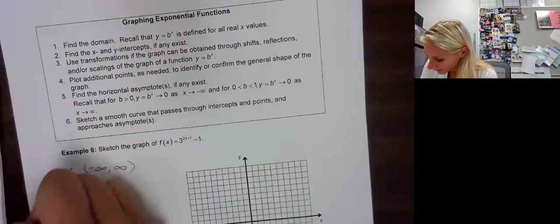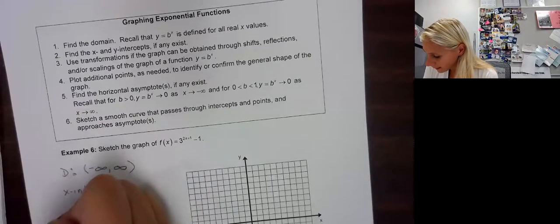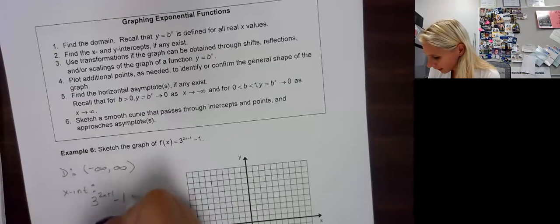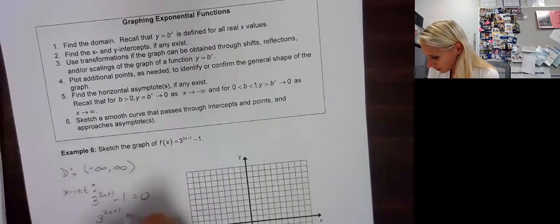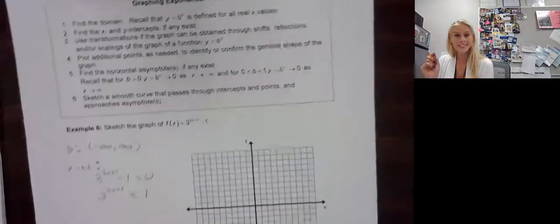To find the x-intercepts, we set our equation equal to 0: 3 to the 2x plus 1 minus 1 equals 0. So then we solve. Okay. Now think of this. This is the tricky part here.